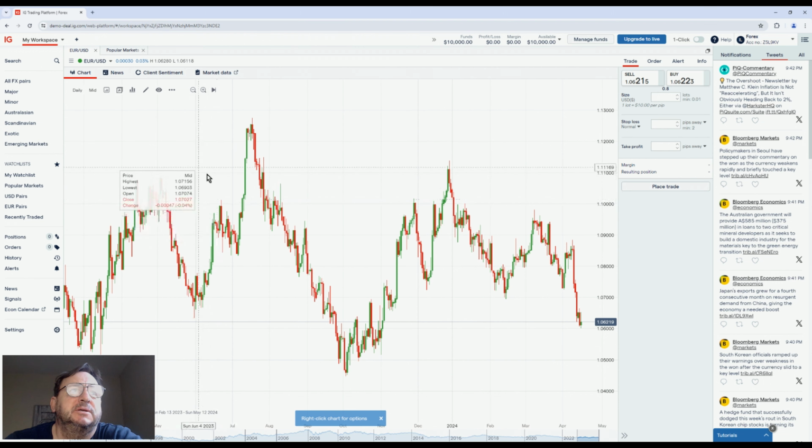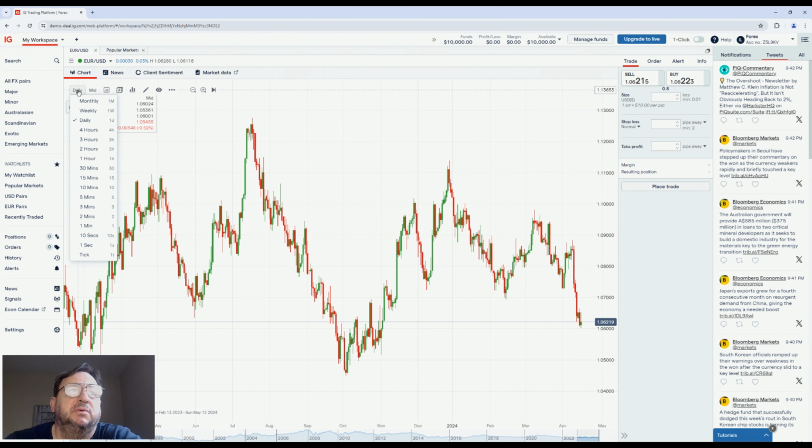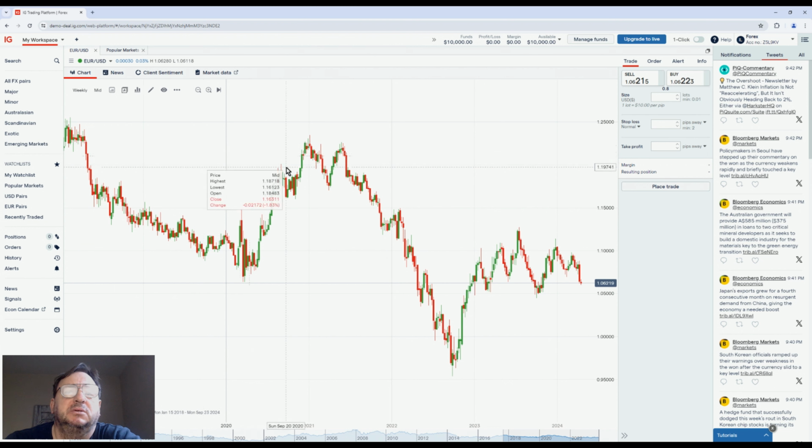This is a chart based on daily. So if you change to weekly, this is weekly. Now weekly means this should have one week, one movement like this.